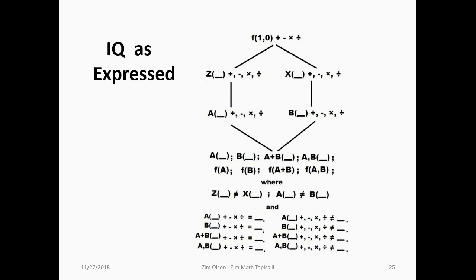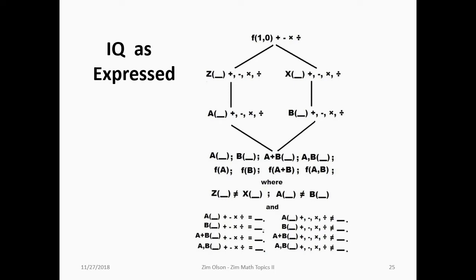Here's the diagram I just described, trying to show some of the things involved in the IQ as expressed topic, where I'm trying to get into how we must take into allowance where we can express IQs as systems within systems within systems, etc., etc., etc. And that's part of the IQ phenomena. And here I'm trying to show that. Let's see if I can explain this.